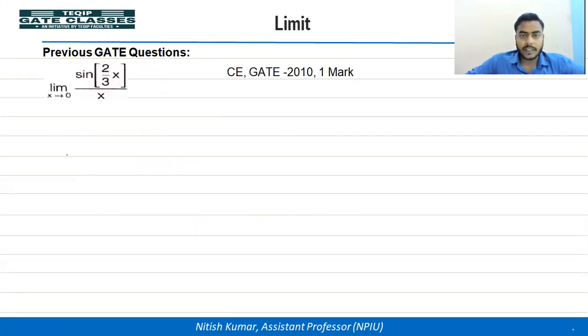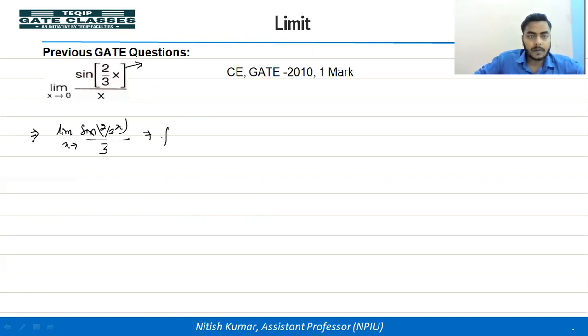Next question, civil engineering 2010 for 1 mark. It is not saying anything about this function, like greatest integer function or not, so take it as a simple bracket. Limit x goes to 0 of sine 2 by 3 x divided by x.